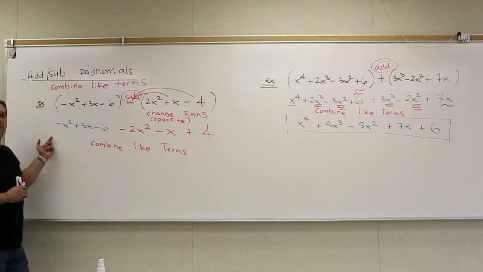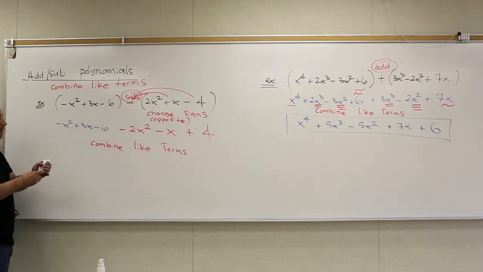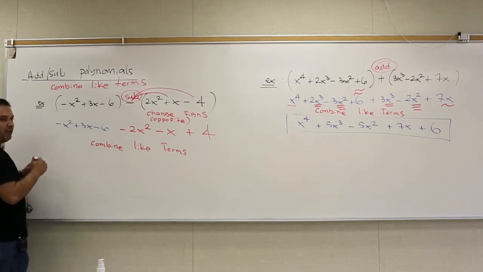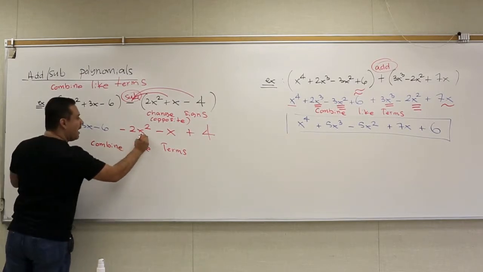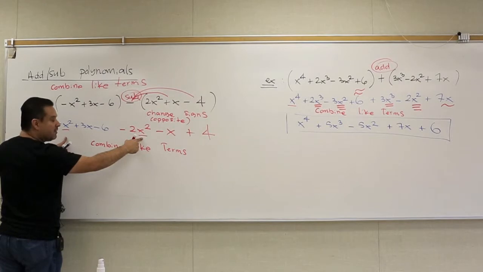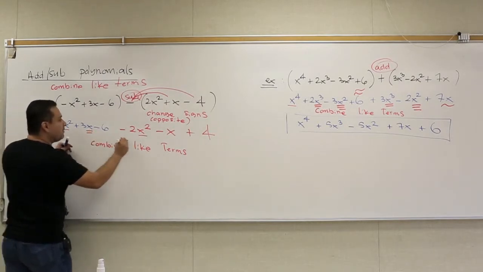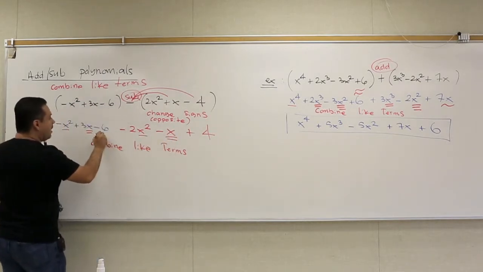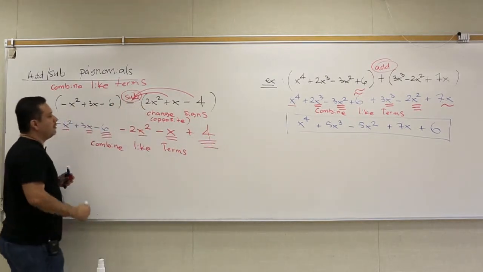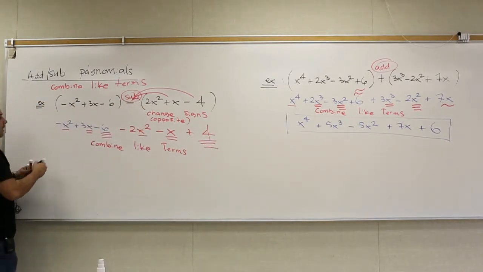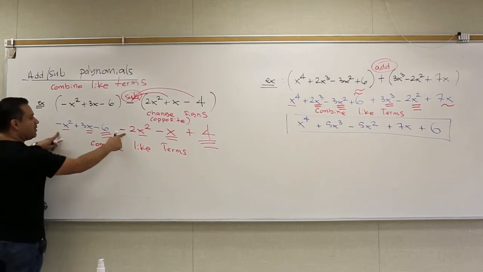Well, what do you guys have? Negative x squared minus 2x squared. Remember, shall we go through this like we've been doing? Isn't this term like x squared and x squared exactly alike? Same symbol, x, same symbol. The constants, my money, same kind of symbol. So we've got negative x squared minus 2x squared.